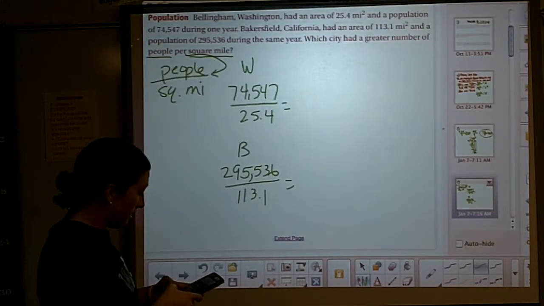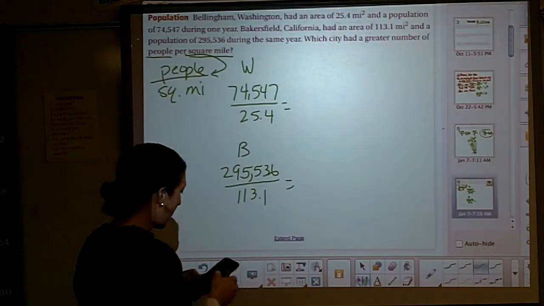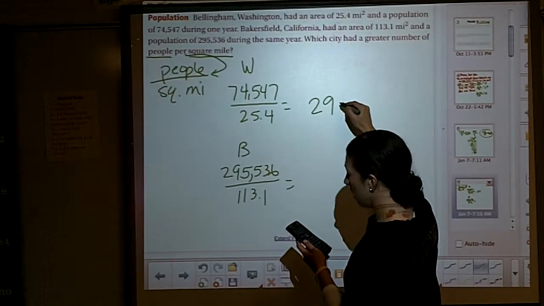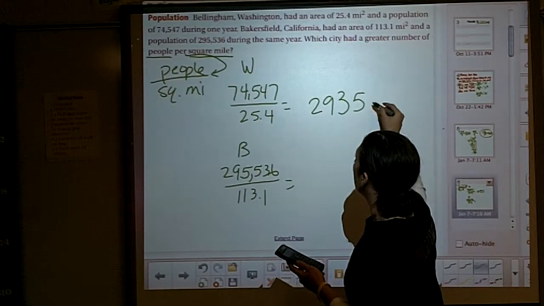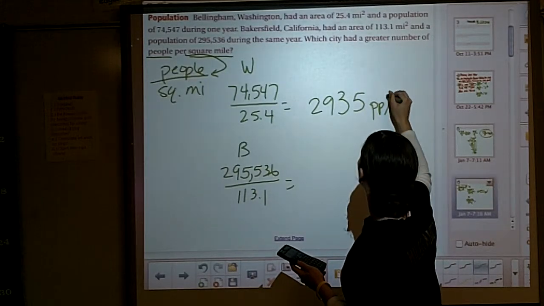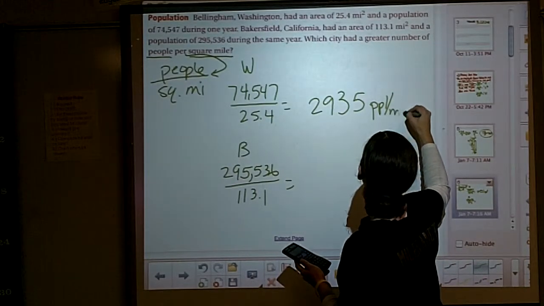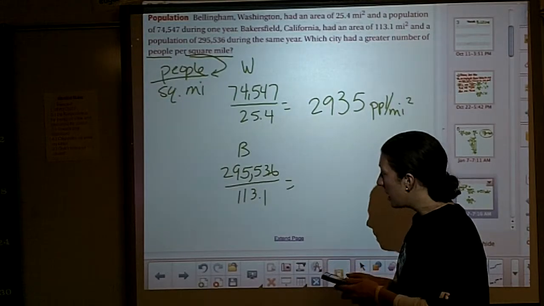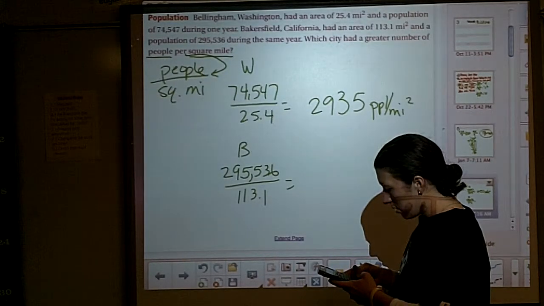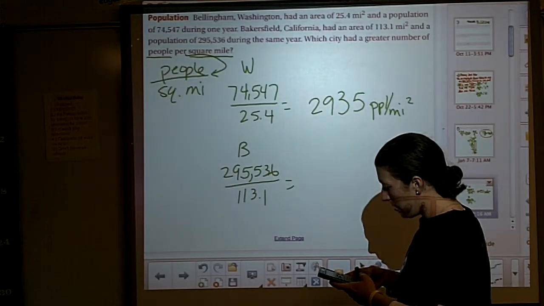74,547 divided by 25.1 is equal to, and I'm going to round up, 2,935. And then I'm going to put a label on here, that's people per square mile. And on the bottom one, 295,536 divided by 113.1.